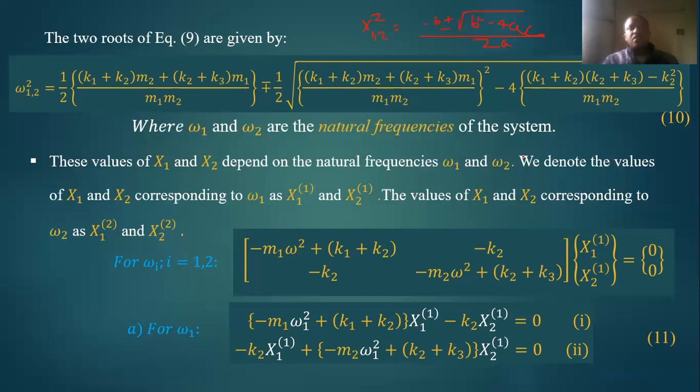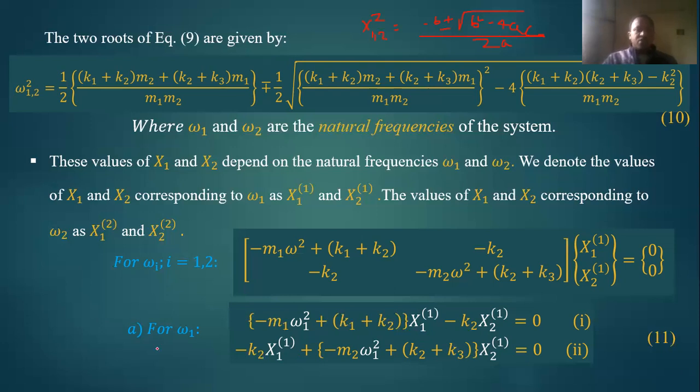And these values of X1 and X2 depend on the natural frequencies, omega 1 and omega 2. For the first mode, i equals 1. This is in general form, but for i equals 1 we substitute the omega 1 value from this equation.